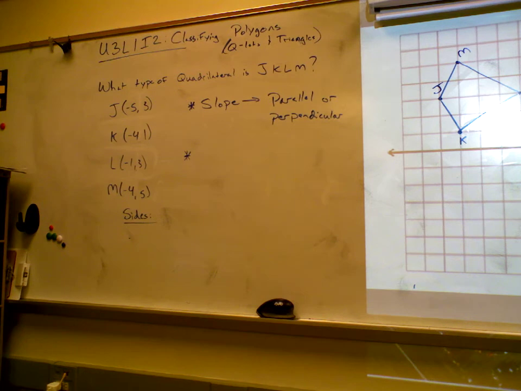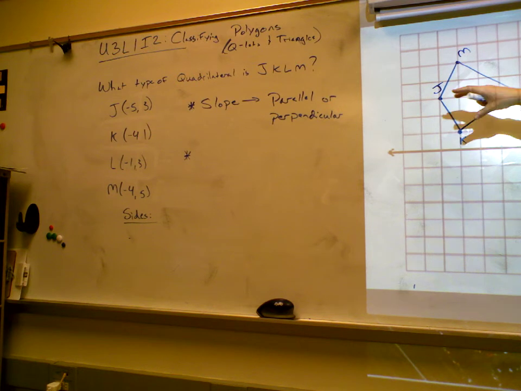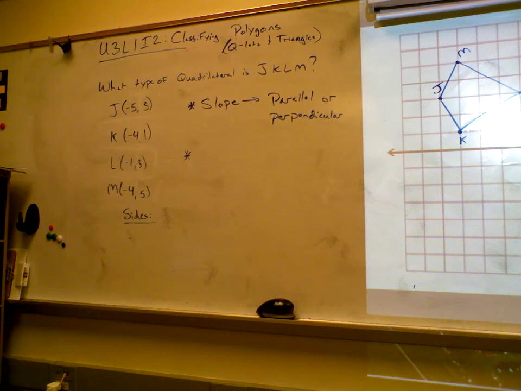If I had a rhombus or a kite, how can we be sure if it's a rhombus or not? What's true about a rhombus? All the sides are the same length, right?